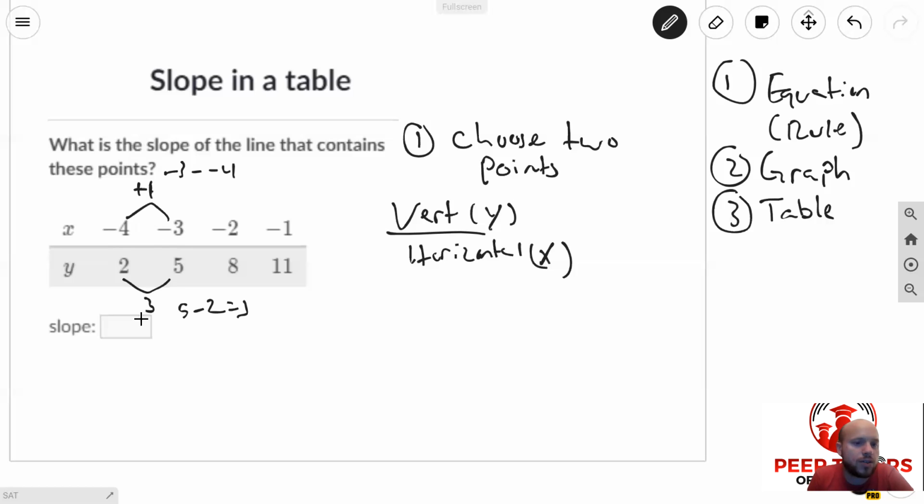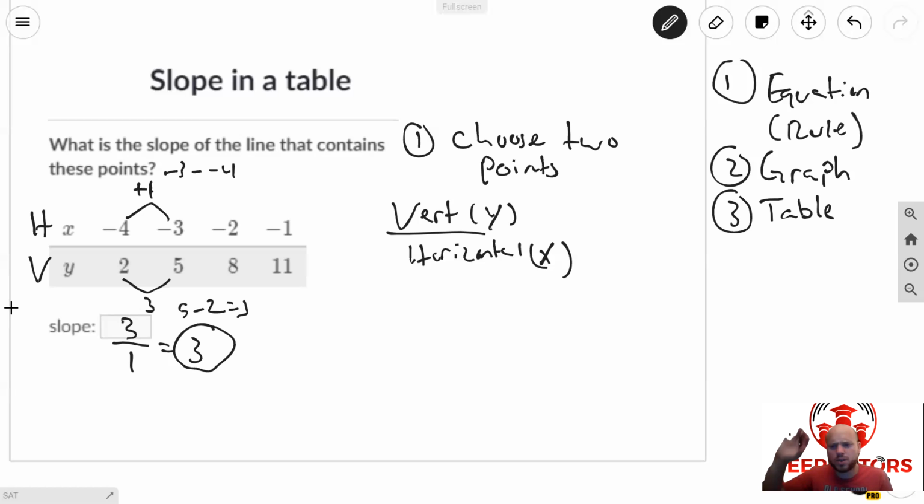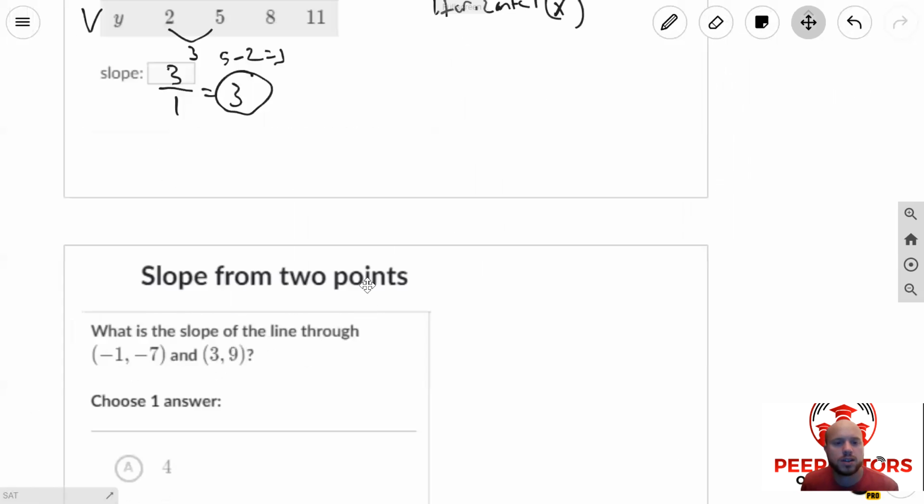So you add 3. So the vertical here, the horizontal here. So what's our slope? Remember, vertical is on top. So 3 over 1, which is just 3. So don't get confused. You have to remember to put the vertical on the top, the horizontal on the bottom.